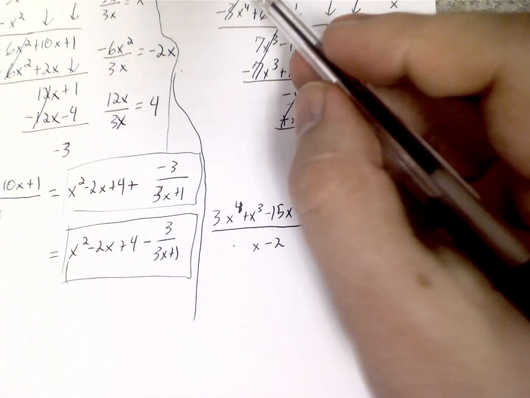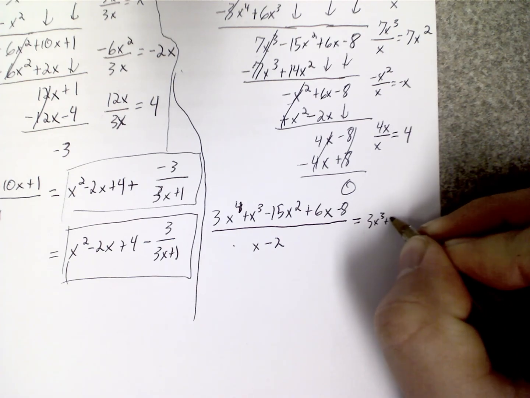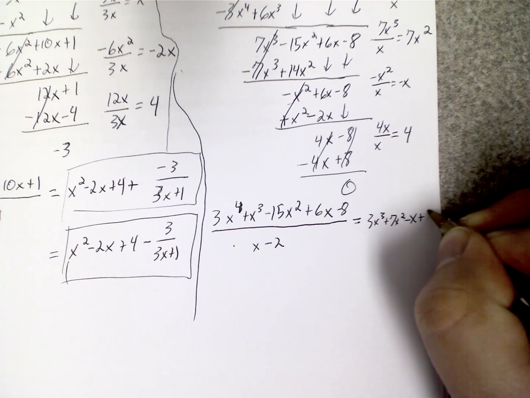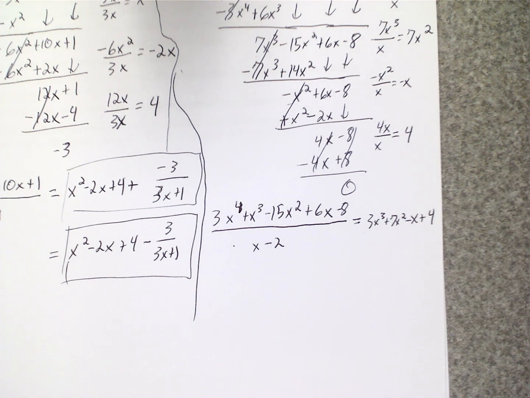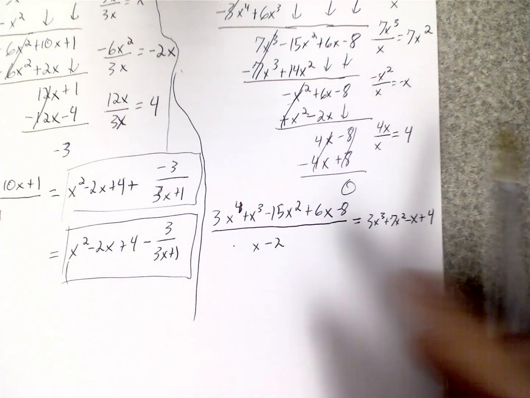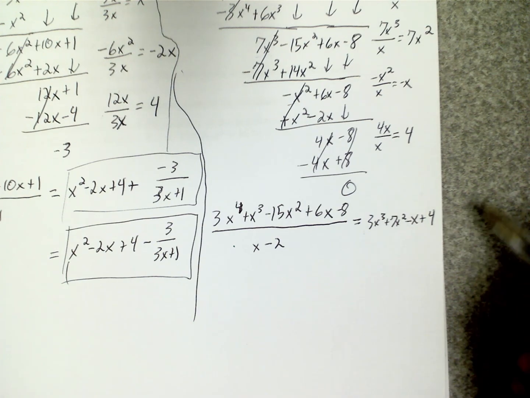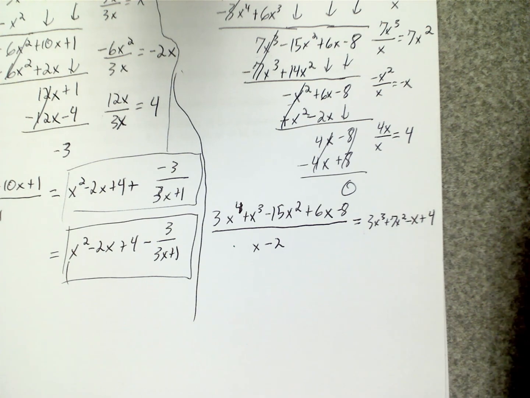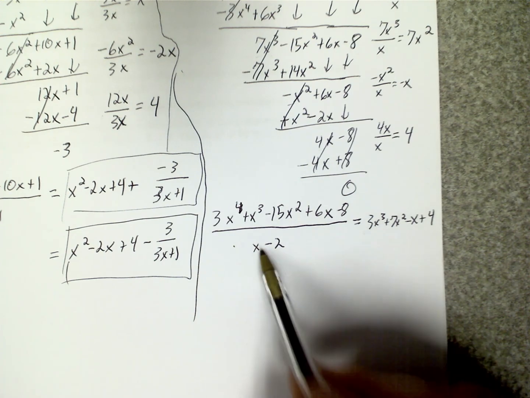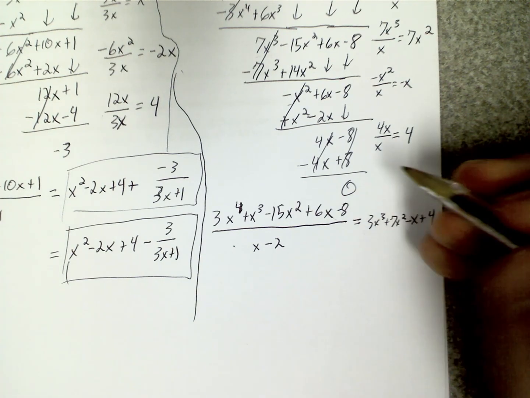Well, it equals our quotient, 3x cubed plus 7x squared minus x plus 4. And because the remainder is 0, what did we see previously? If it had a remainder of 0 plus the 0 over the divisor, we don't have to put it. Remainder of 0 means just the quotient. The dividend divided by the divisor equals just the quotient. And this is our answer.